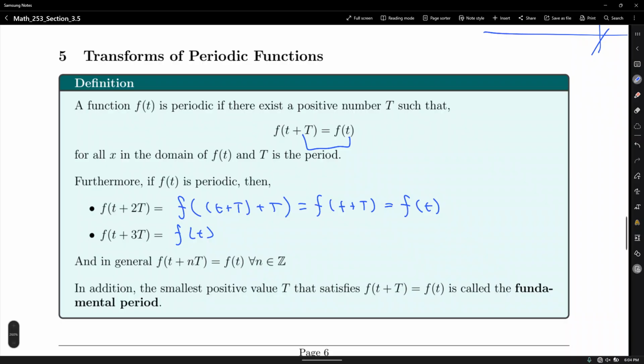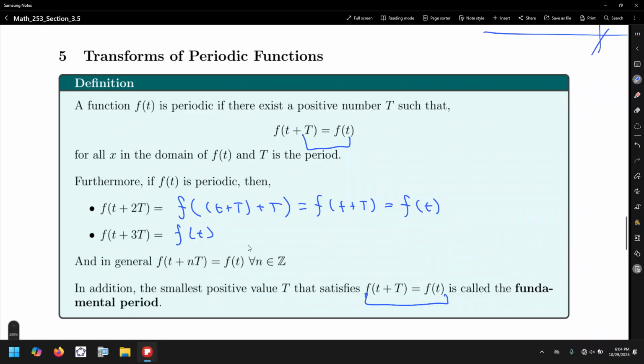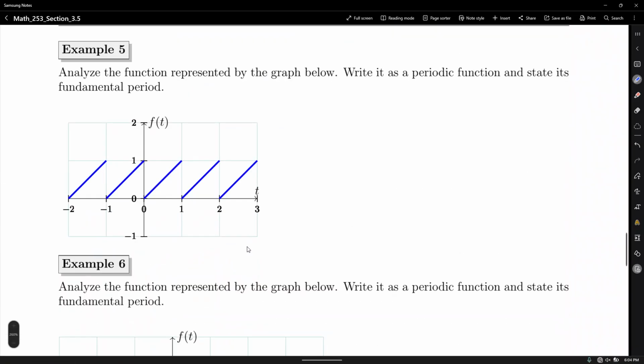In addition, the smallest positive value of T that satisfies the condition of periodicity is called the fundamental period. We're going to talk about that fundamental period. I'm going to show you how we get that fundamental period from some examples here. Actually, speaking of such, that's what we have.